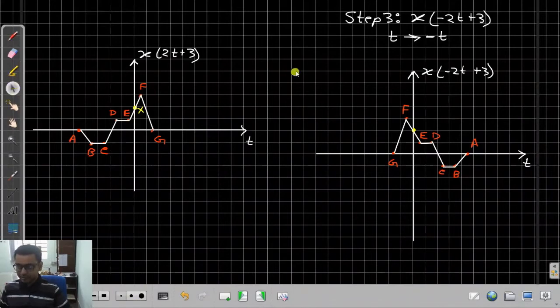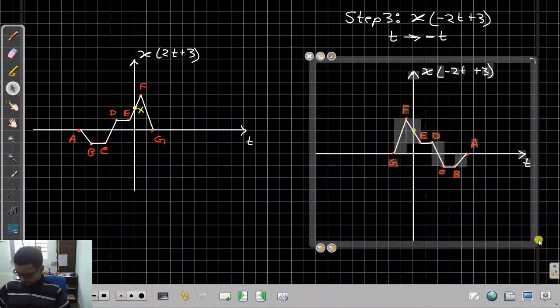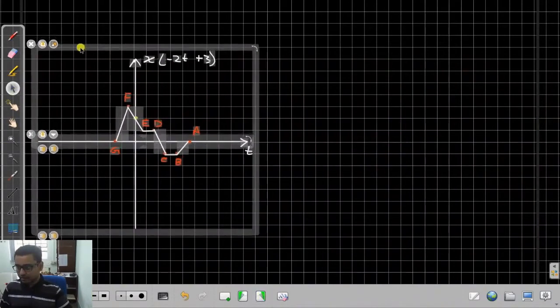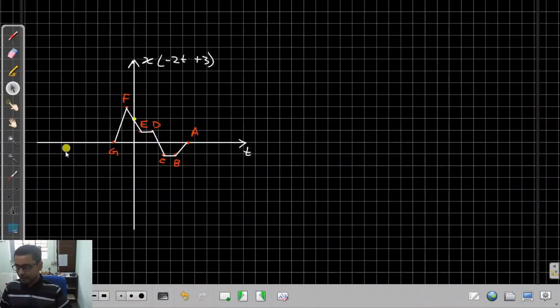So let me move to next page and proceed for step 4, where we shall now find 2x(-2t plus 3).